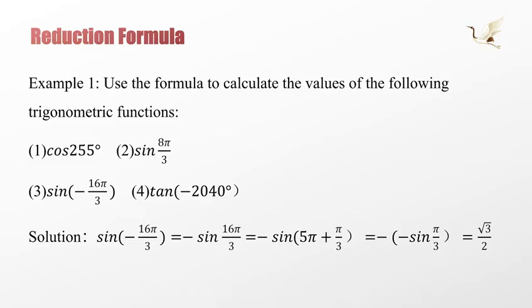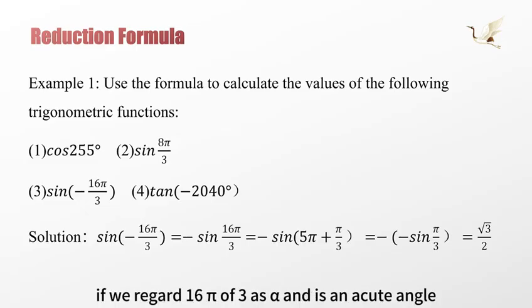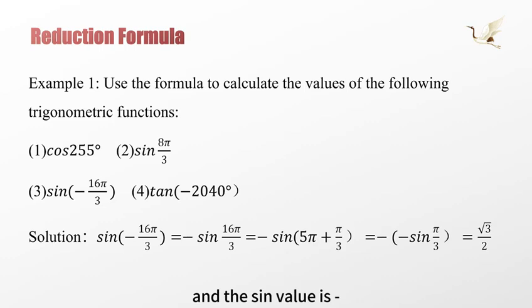Sine of negative 16 pi over 3. There is a negative sign in this angle, so we need to deal with this negative angle first. If we regard 16 pi over 3 as alpha and an acute angle, the terminal edge of negative alpha is in the 4th quadrant, and the sine value is negative. Therefore, the negative angle turns into a positive angle and becomes negative sine of 16 pi over 3.